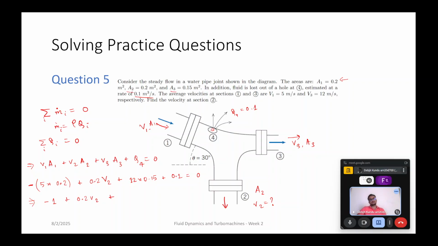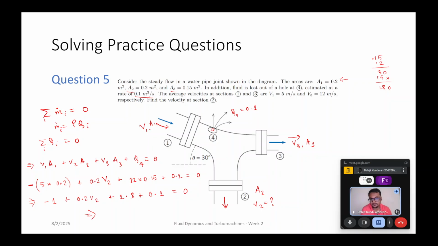How much is that? 12 15s are 180, and it's 0.15, so 1.8. 1.8 plus 0.1 should give me 0.